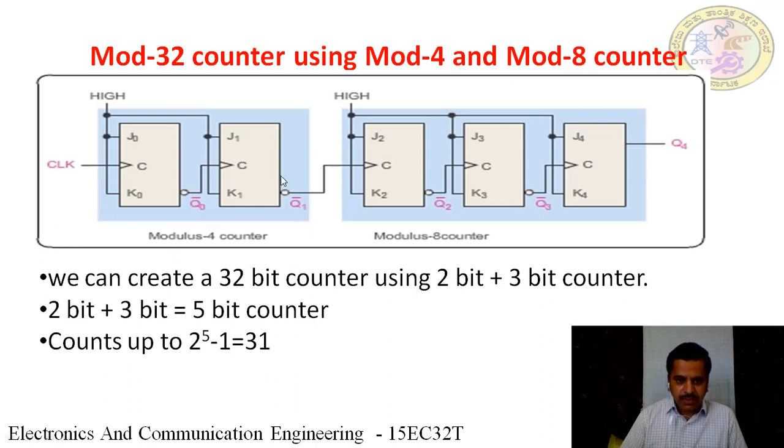When it reaches 11, the second counter gets a clock at the third flip-flop, so it begins to count: 0, 0, 1, 0, 0, again 1, 0, 1 and 1, 1, and so on. It counts from 0 to 31. So we can create a 32-count counter using a 2-bit plus a 3-bit counter. So we need 5 bits, that counts up to 2 power 5 minus 1, equal to 31. That is, the mod 32 counter counts from 0 to 31. In this fashion we can also construct other counters.